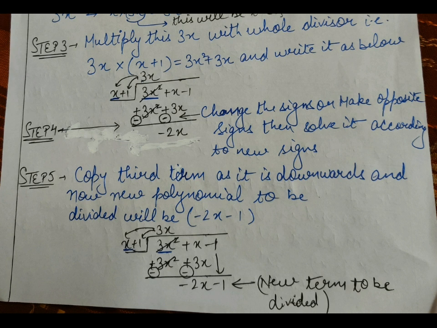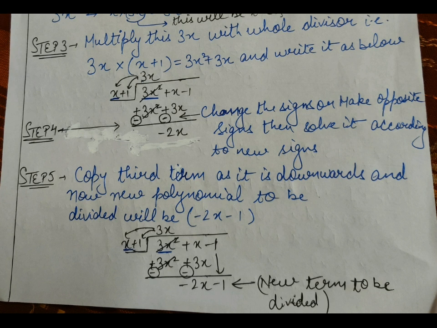You can see that in 3x square the sign is plus, so I have made it negative, that is minus. And in the second term, 3x, the sign is again plus, and here also I have written minus. So you have to make the opposite sign of what is given.